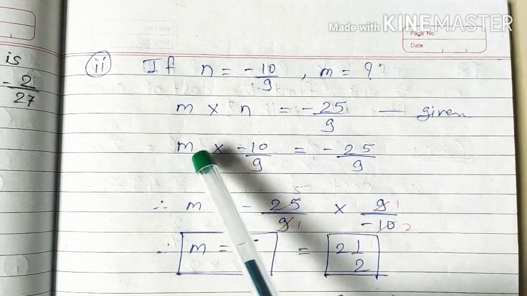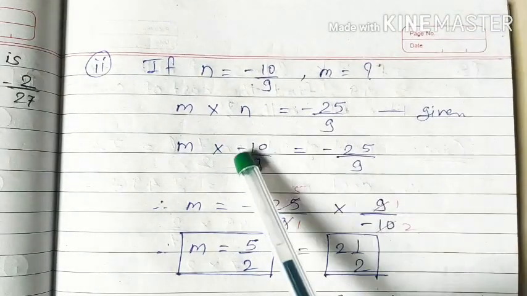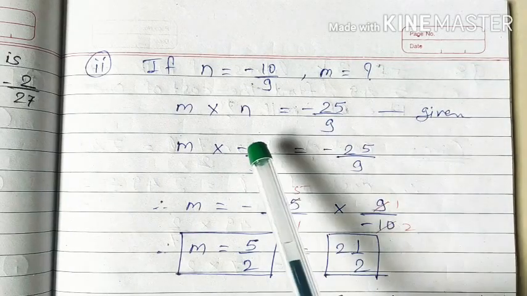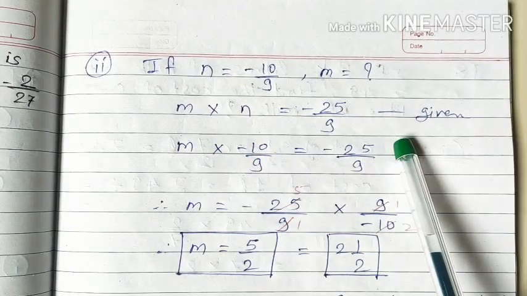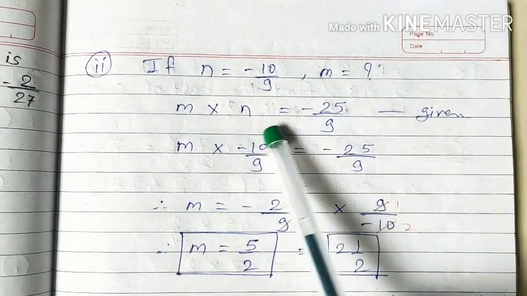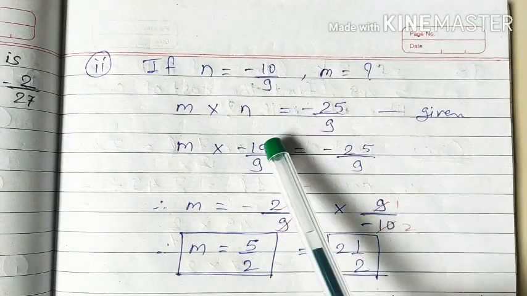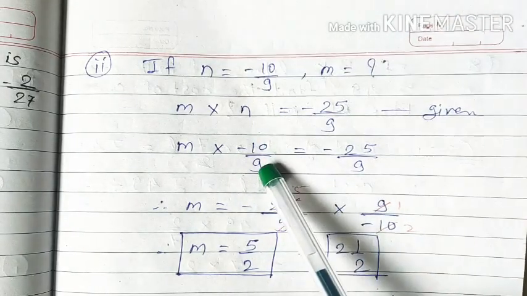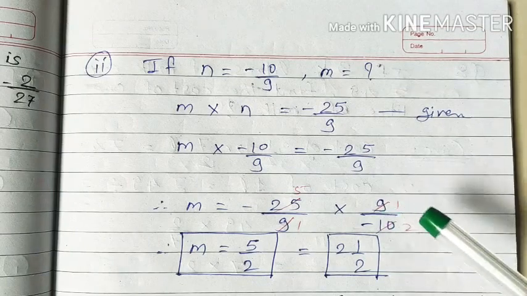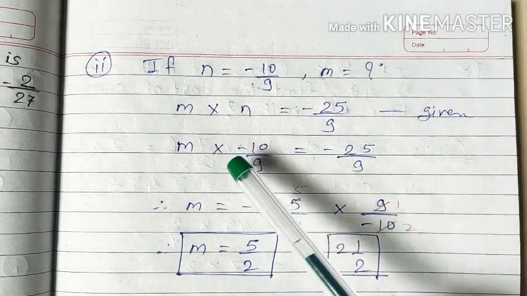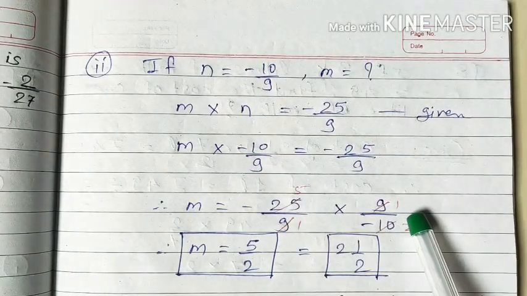Now to find out the value of M, we need to shift this minus 10 upon 9 to that side. It is in multiplication, so going that side it goes for division, or we can directly make a reciprocal. What is the reciprocal of minus 10 upon 9? It will be minus 9 upon 10, because it is minus 10. Got it?